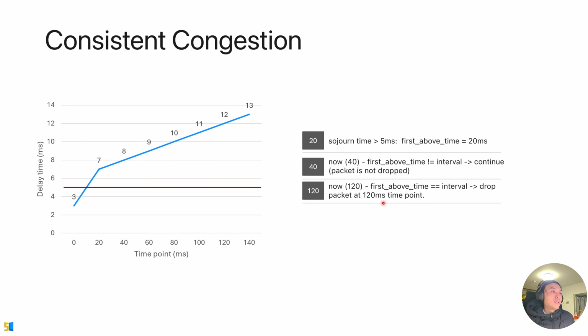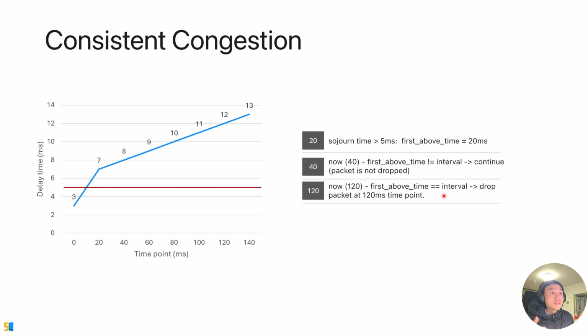At 120, it will calculate again: 120 minus first above time 20. So now the value is equal to the interval of 100 milliseconds. It means now is the time to drop the packet or mark it with ECN for the packet at the 120 millisecond time point.